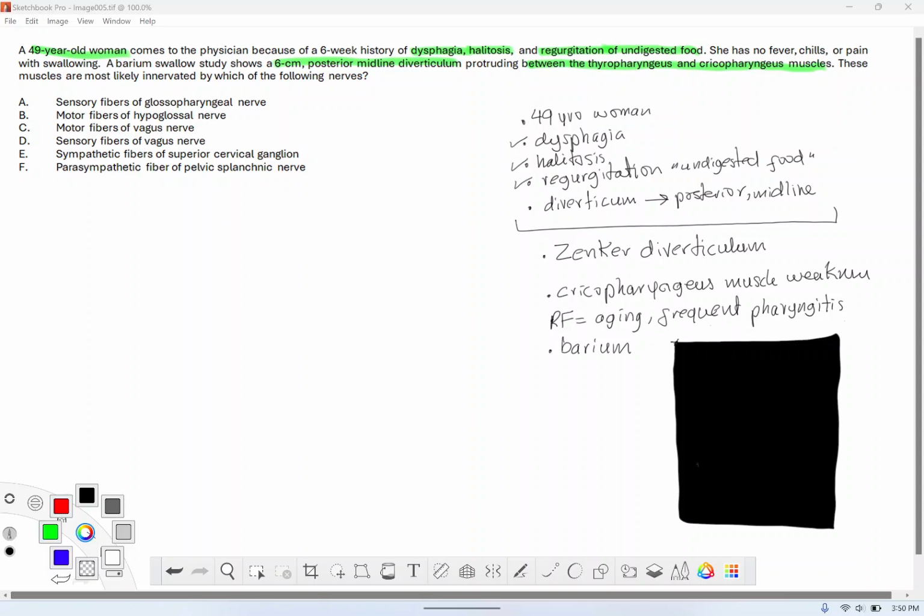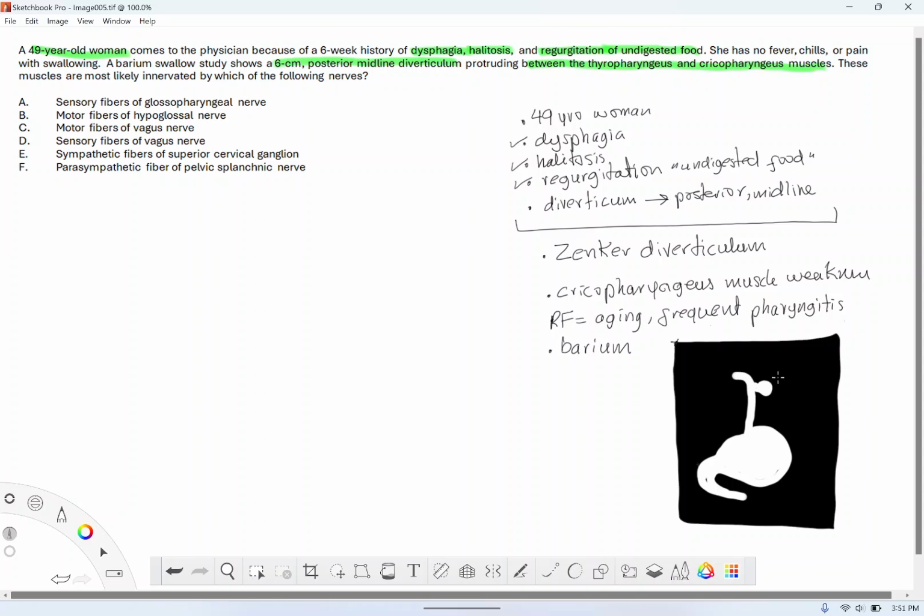Generally speaking, the esophagus starts here and then it goes to the stomach. If the stomach is full of the barium, then it will glow white. The esophagus will glow white. But then right in the upper esophagus posterior there you will see like this pouch. So this is the diverticulum. Let me use red so you can see. This is the diverticulum.